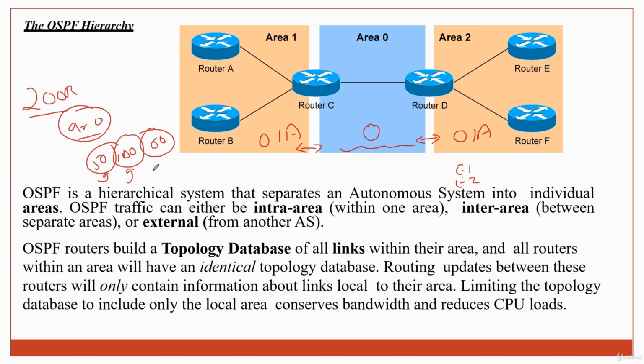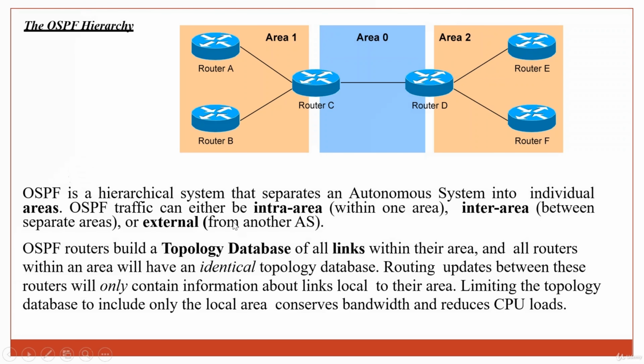So in that case, all the areas will run their independent SPF algorithm, and then they will send the update to the backbone. So the process, the CPU utilization and the memory will be optimized and used better, because now you're running the SPF algorithm across small areas, and then those areas are going to send their LSAs to the core or to the other areas, correct?